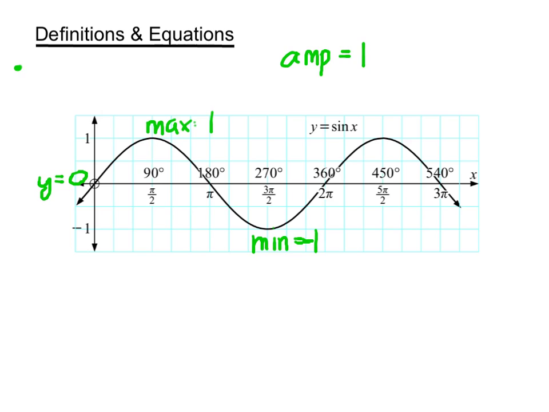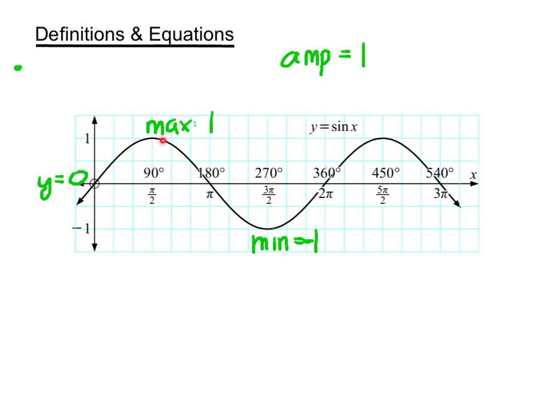Now let's take a look at the period. Remember, the period is how long it takes for the function to repeat itself. So if we start right here at the origin and we follow the curve around until we get back to the x-axis, and notice I've already crossed the x-axis once here, but I'm on the way down, and at the beginning the curve is on the way up.